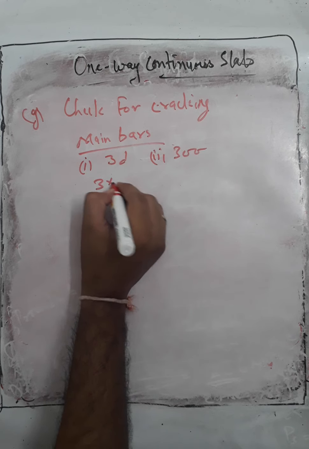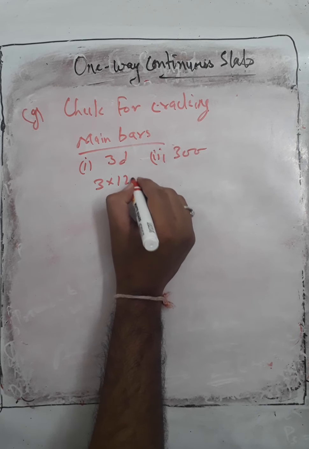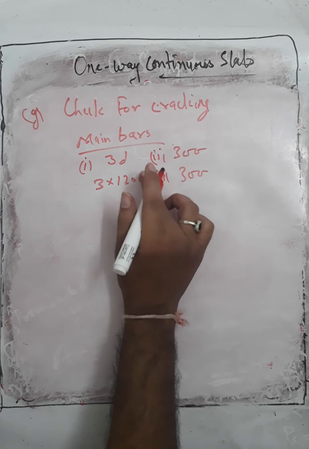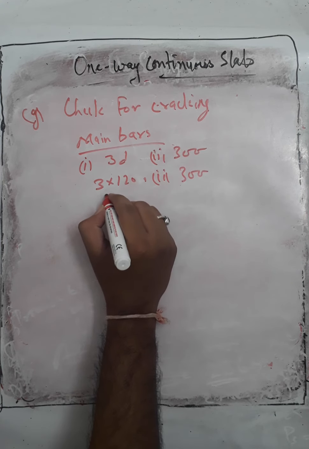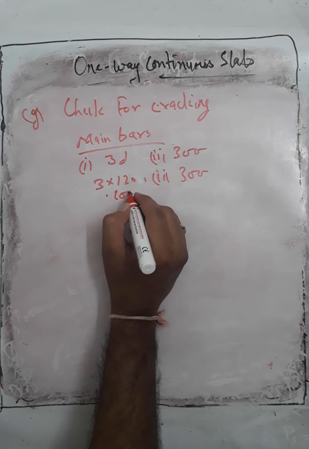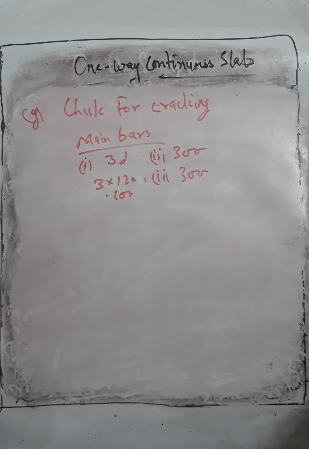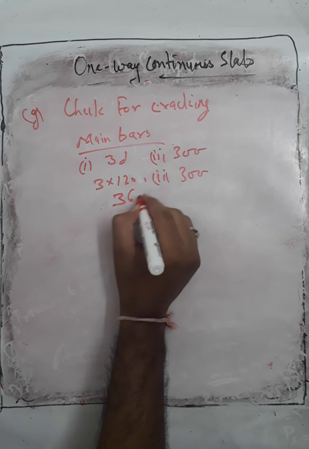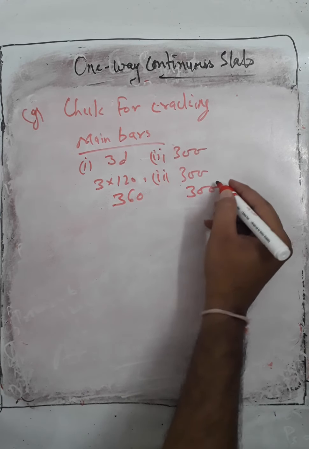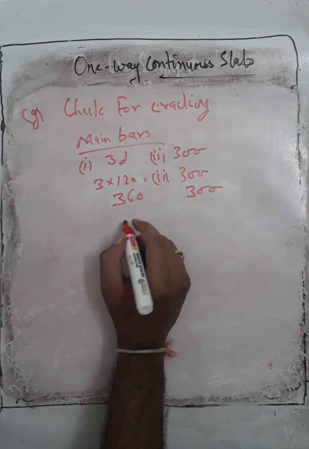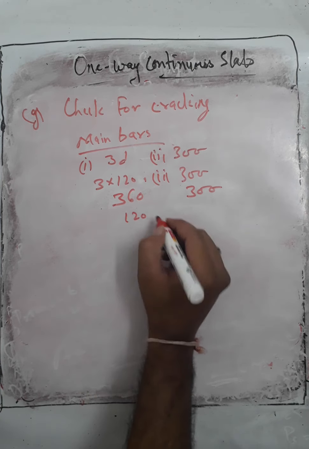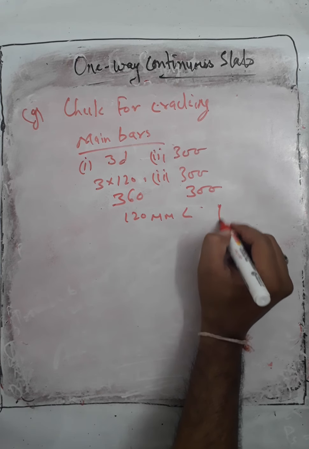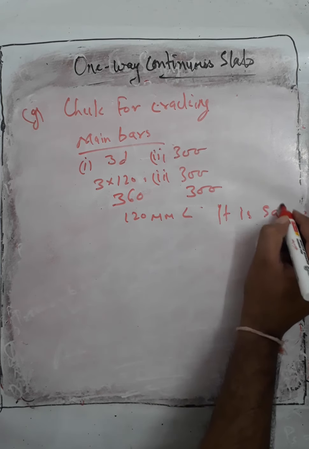So 3D, where D is 120 mm, and here is 300. So here you get 360 and here we have 300, but we have provided 120 mm, which means it is safe.